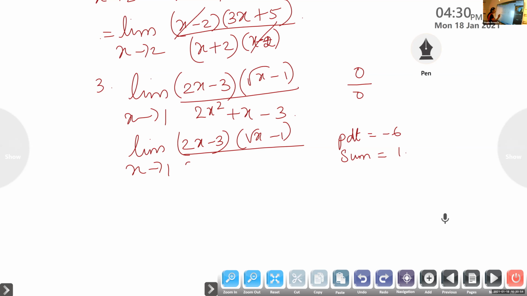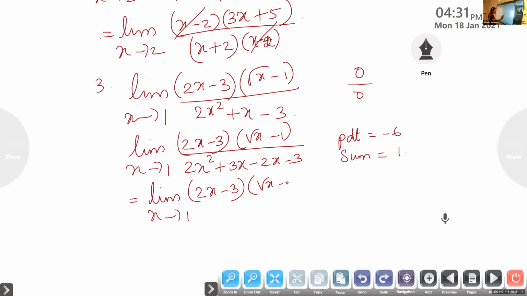So denominator, how will you factorize this, children? Plus 3x, isn't it? 3 2s are 6. Minus 2x minus 3. So which will be same as limit x extending to 1, (2x minus 3) into (root x minus 1) by, from here if you take x as common, this 2x plus 3. Again if you take x minus 1 as common, this 2x plus 3.